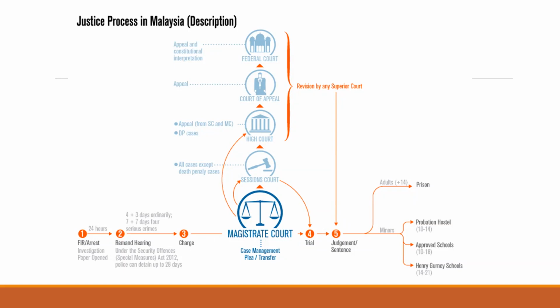During that time, if you look at your CPC, you have your provision already, on the summary trial, or if the charge carries the death penalty, the case will be transferred to the High Court for subsequent hearing. So these are the basic principles of the process of trial.